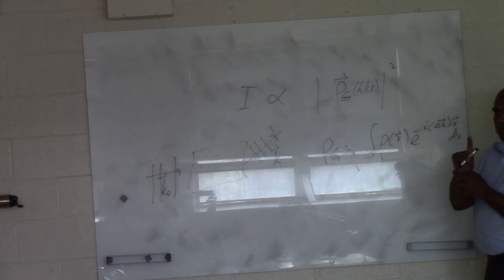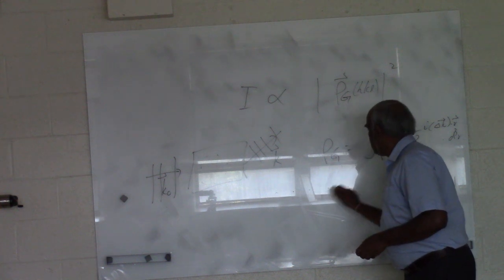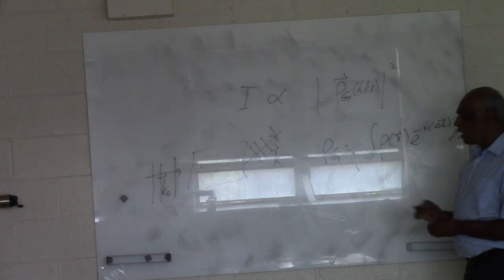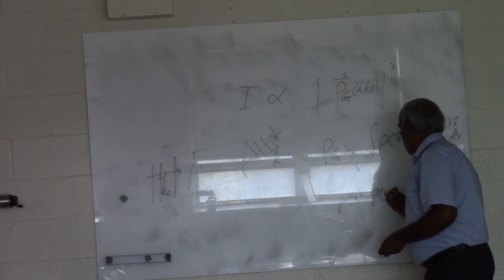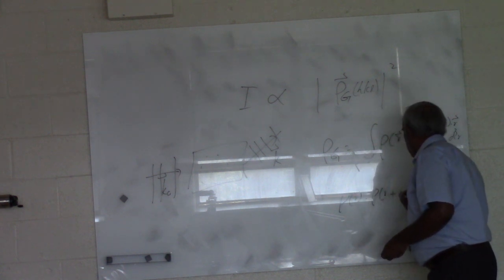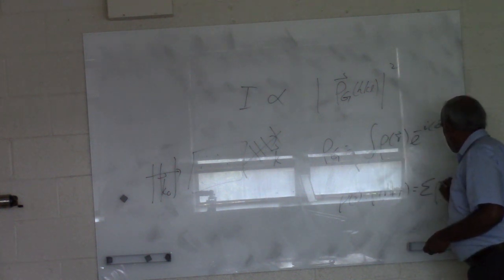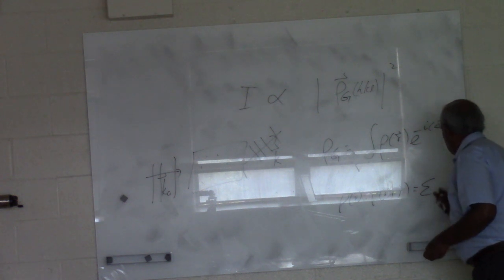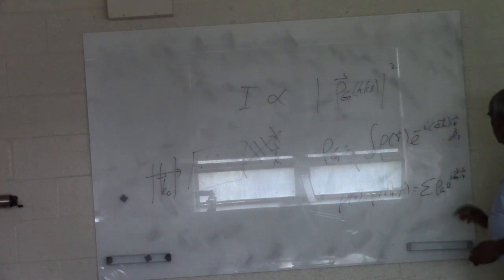Then, if you remember from the first few classes, since these are periodic atoms, rho r is basically rho r plus t, right? That's the translational symmetry. So we could write this as the sum over g of rho g times e to the i g dot r, for different g vectors.